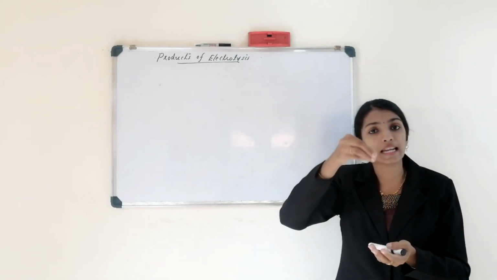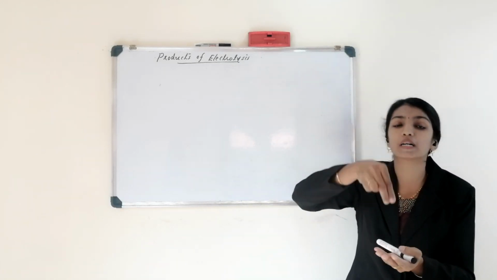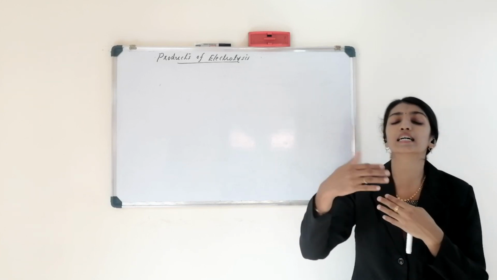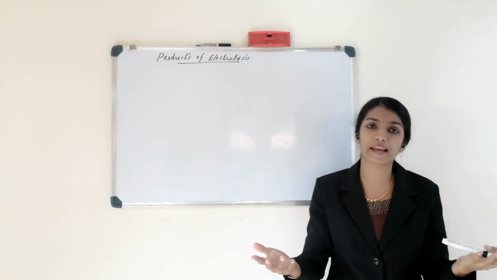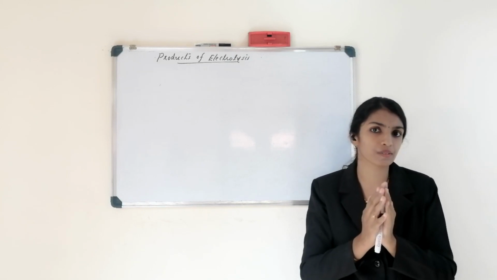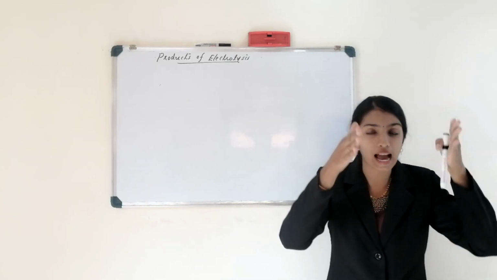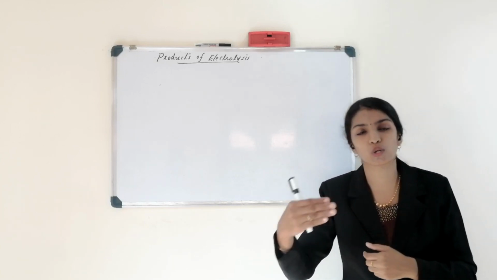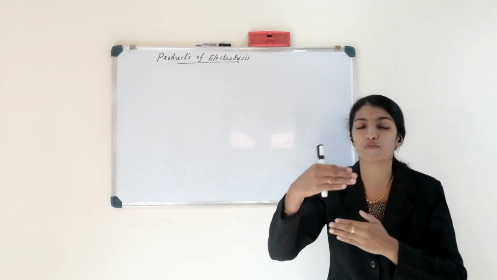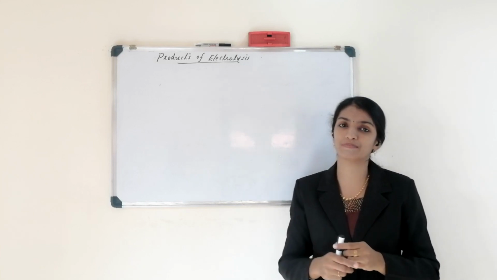If we use an inert electrode immersed into the electrolyte solution, the inert electrode does not take part in the chemical reaction. But instead of an inert electrode, if we use a reactive electrode, that may also participate in the chemical reaction and may furnish ions into the solution.